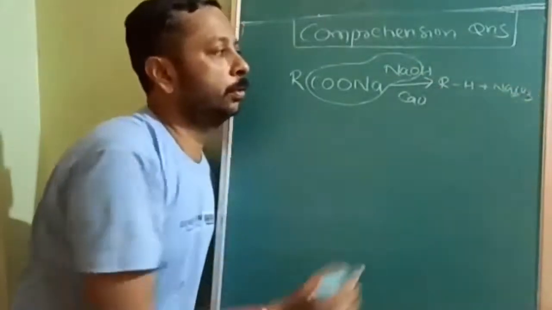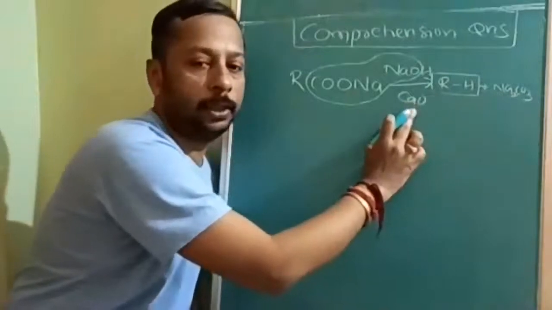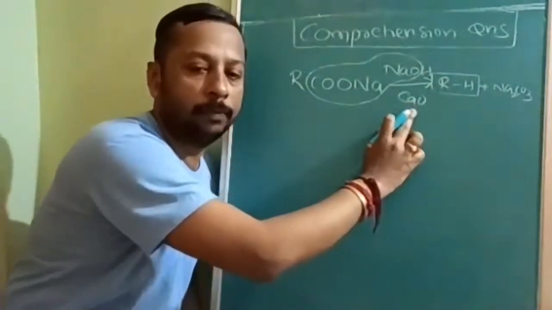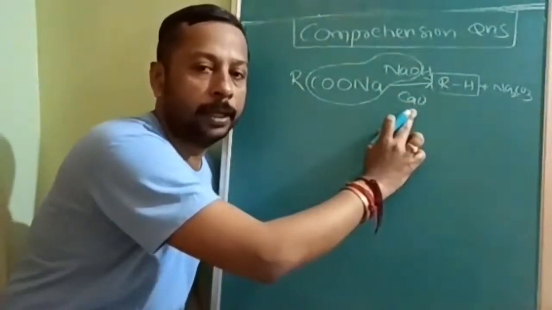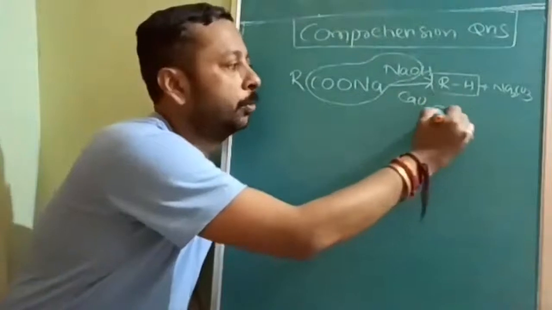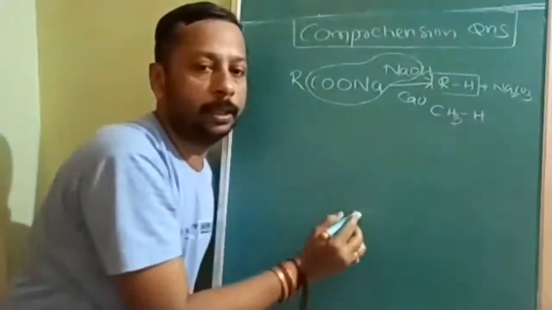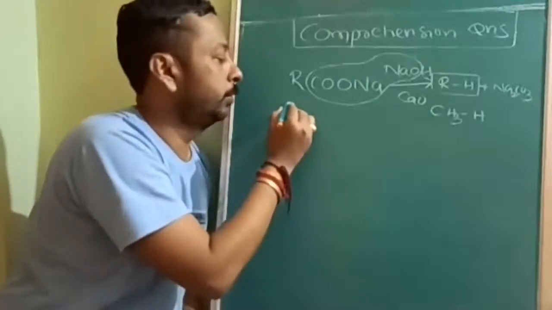Is it understood? To remove this carbon dioxide, the CaO absorbs the carbon dioxide and improves the product yield. Therefore, CaO is required. So RH. Now, if you want to prepare methane, it can be written as CH3H.